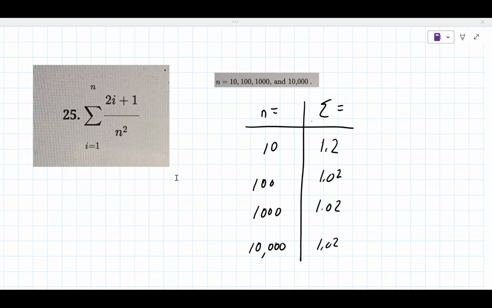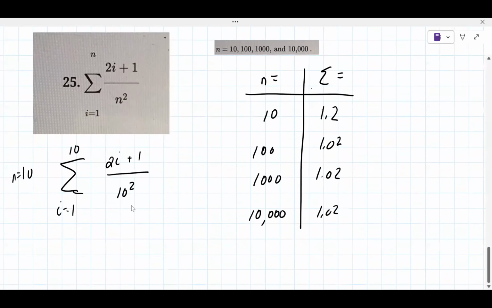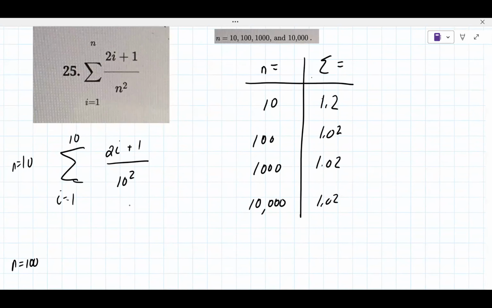But just to be clear, for what I did for n equals 10, I'm kind of not showing you what I'm doing. For n equals 10, it's i equals 1 to 10. So it is 2i plus 1, but you have to put 10 squared in the bottom, which is a little odd. Usually it's just the letter here that goes in here. And then for n equals 100, it's sigma i equals 1 to 100.